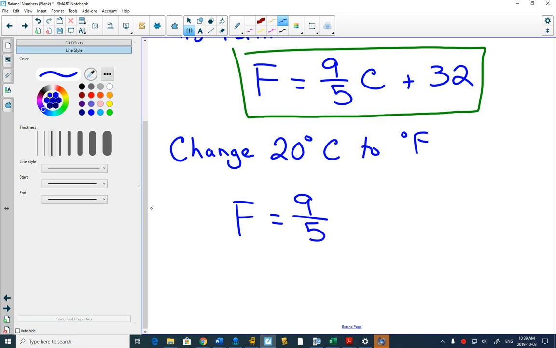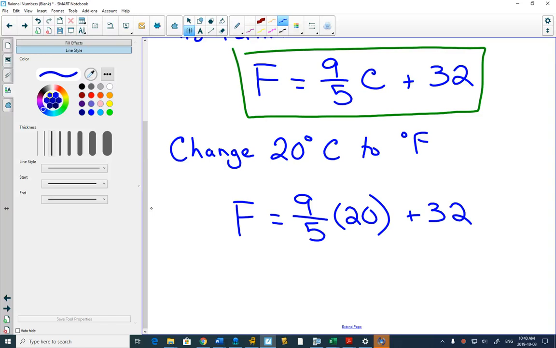The Celsius is 20. So with a formula, if you know a number, you plug that number in. Usually we put it in brackets, and then plus 32. Do you see what we've done? The only thing we did to this formula is we changed the C to 20 because we knew that value.